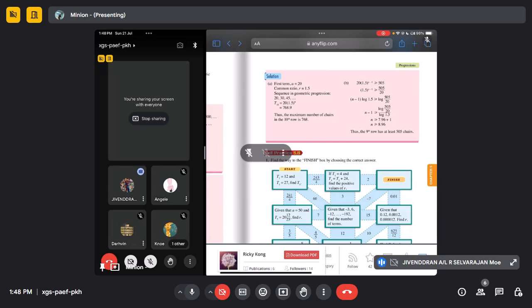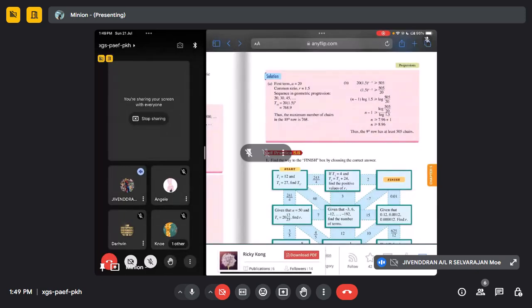So we already have the a and the ratio. We can just start the equation. It will be 20 in bracket 1.5 close bracket power n minus 1. Then you can move the 20 to the other side, and then you can insert log, so you can bring the power to the front, as you have learned in chapter 4.